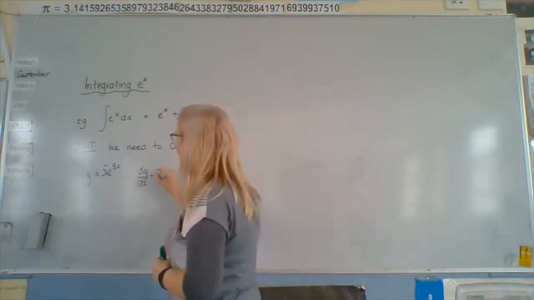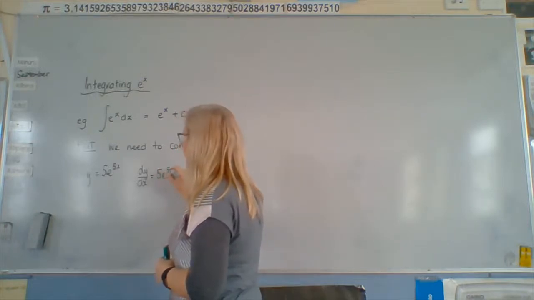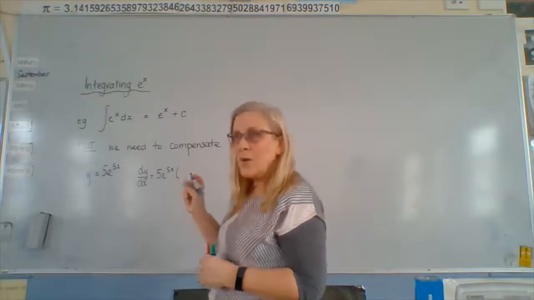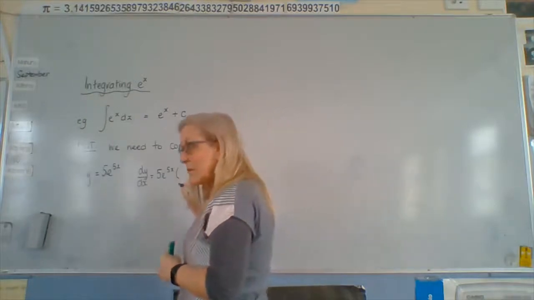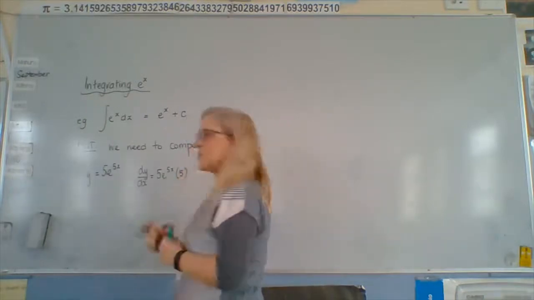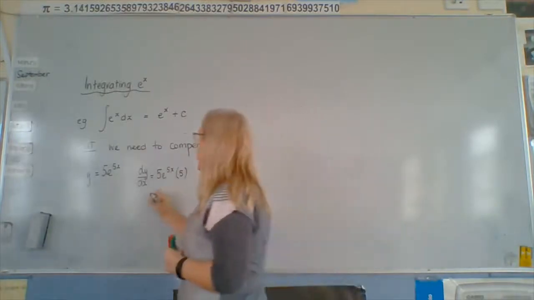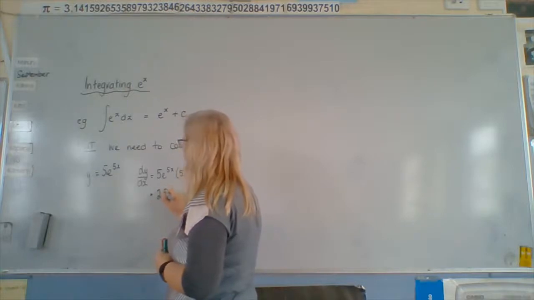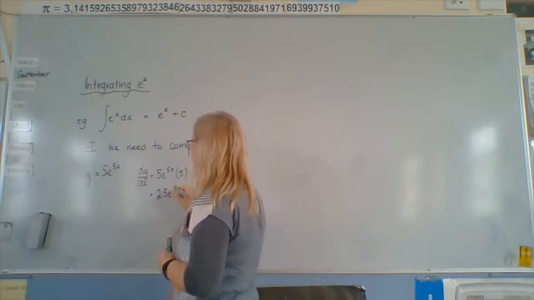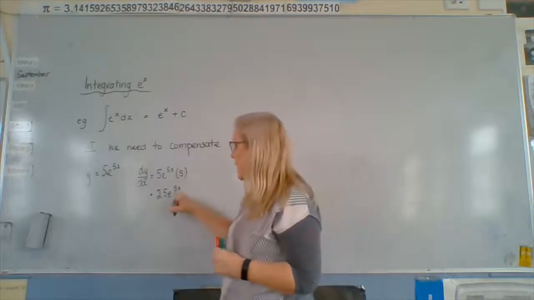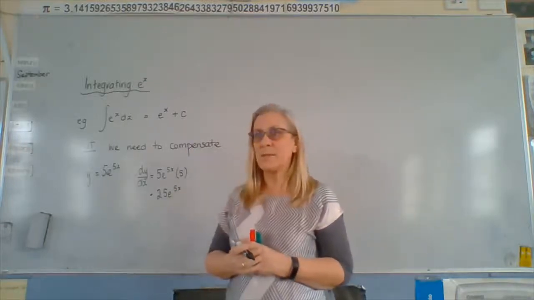Right, so 5e to the 5x times 5, right? Whatever the power differentiates to. So kind of like a little chain rule. So we end up with 25e to the 5x. So what we have to compensate for is what this power did for us.